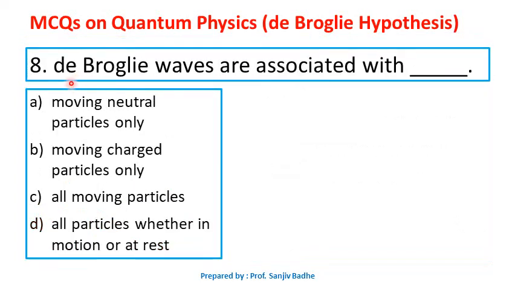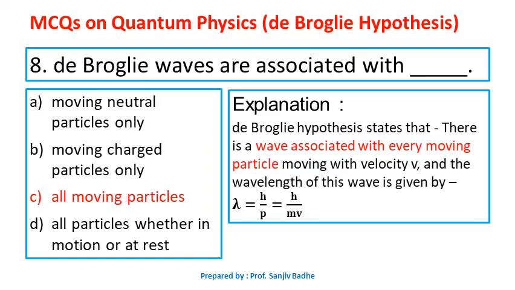Next question. De-Broglie waves are associated with, options are moving neutral particles only, moving charged particles only, all moving particles, all particles whether in motion or at rest.